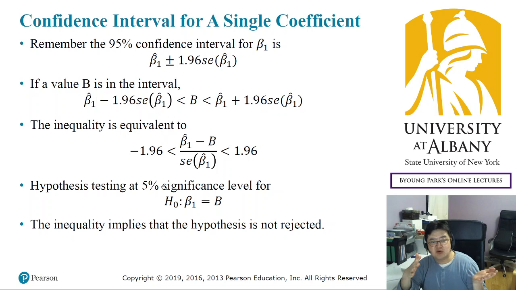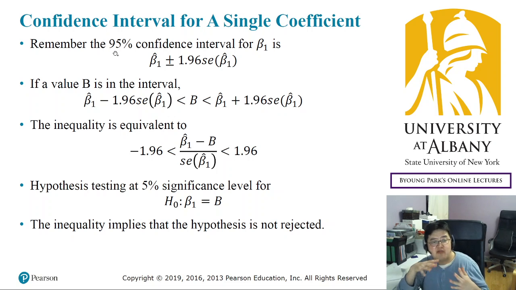So this shows the relationship between confidence interval and hypothesis testing. Any value in the confidence interval is not going to be rejected. Or vice versa, if a value is not rejected at the 5% level, then the value b should be included in the interval at the 95% level.